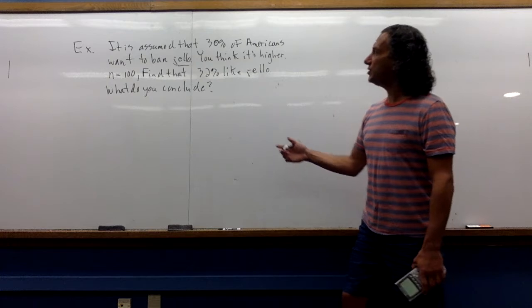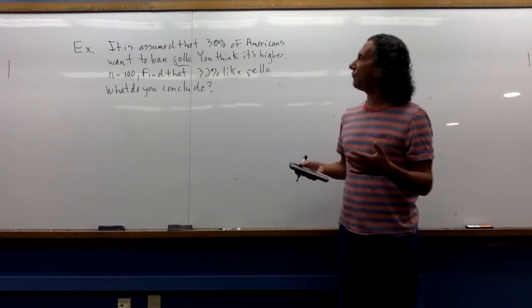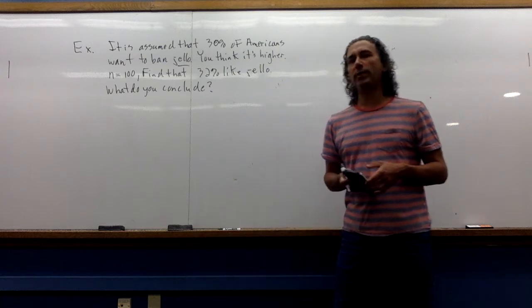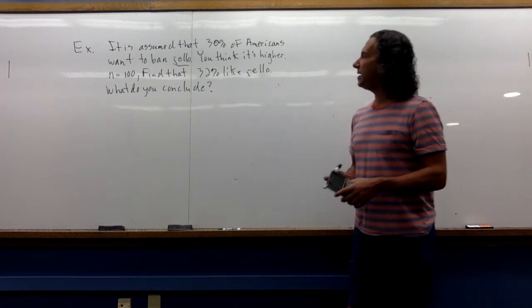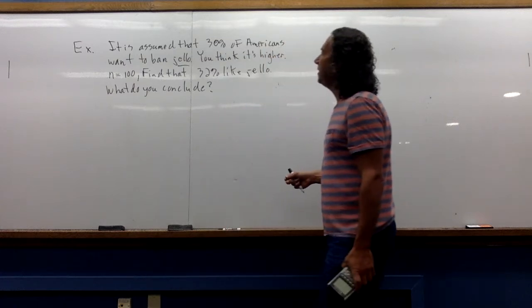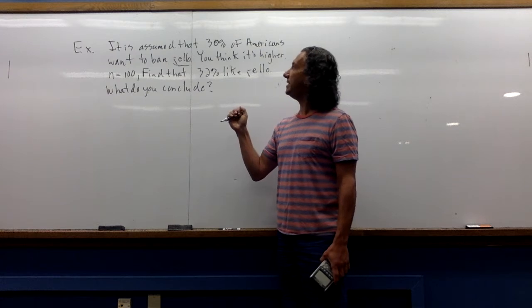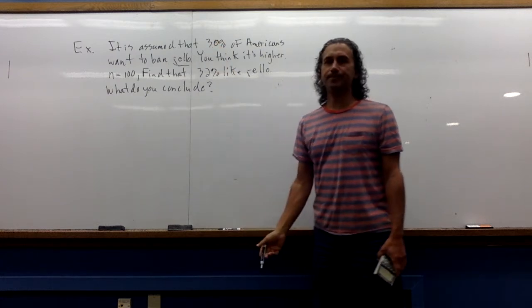So again, 32 definitely is higher than 30, but that just could be because of the randomness of the polling process. So you want to be able to define or somehow quantify what's the chance of getting the 32% if this really is true.